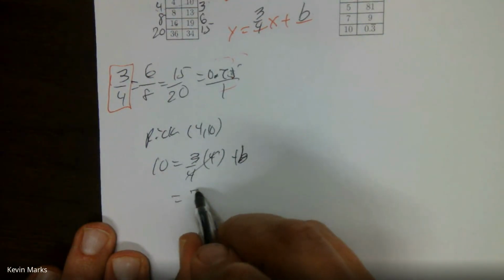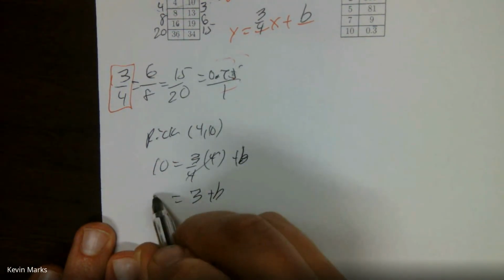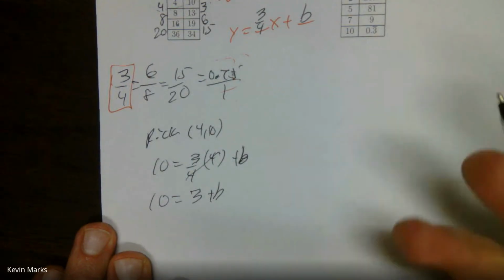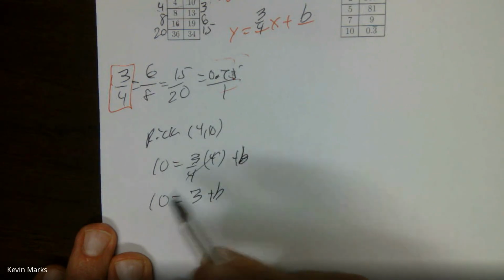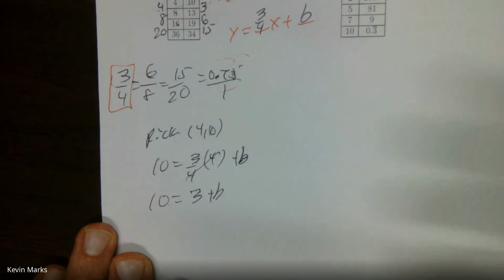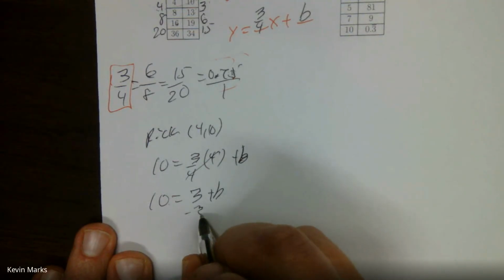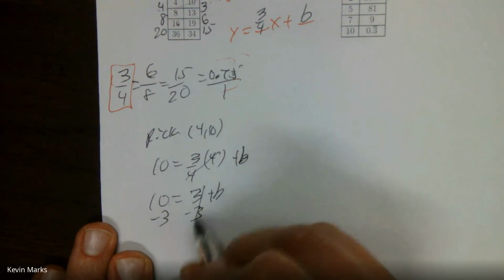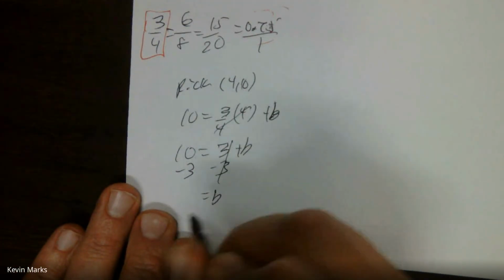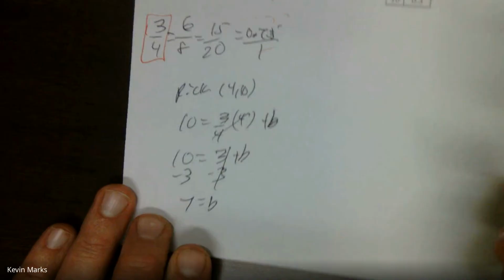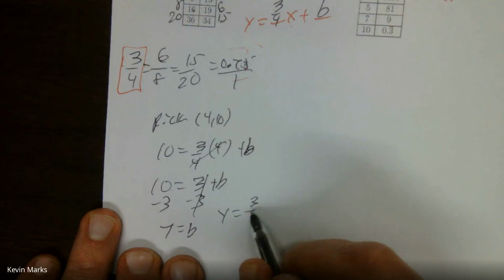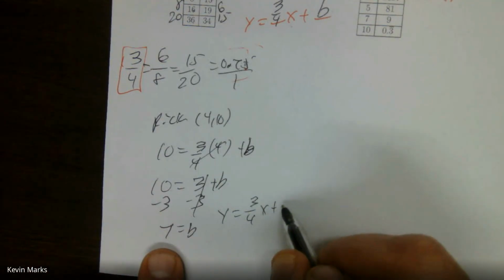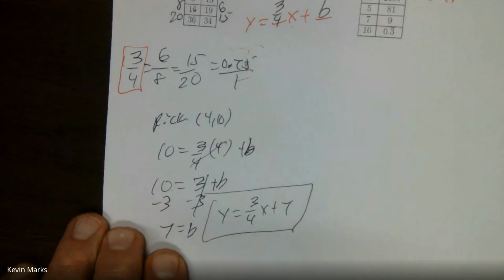So you're just left with 3 plus b equals 10. Again, just think 3 plus what number is getting me up to 10? 7, right? Or you could think of it like an equation, so I'd have to subtract 3 to make this go away. But sure enough, 10 minus 3 is 7. So b is 7, which means your actual answer here would be y equals 3/4 x plus 7. Right? There's your equation.